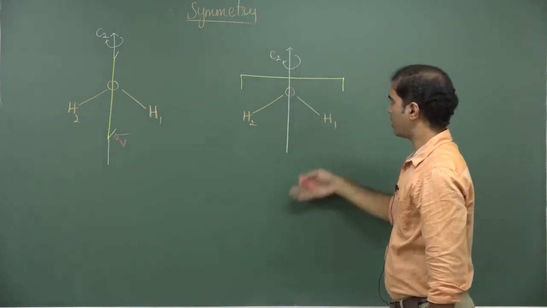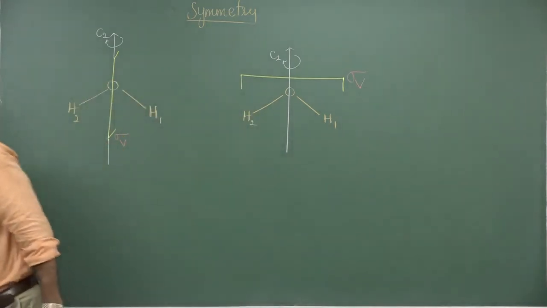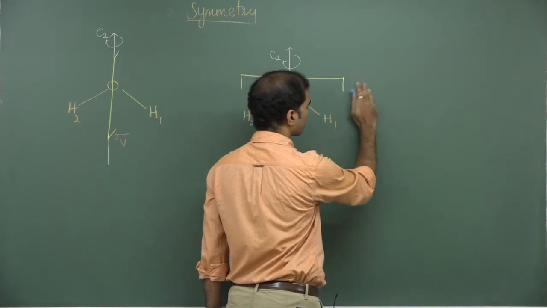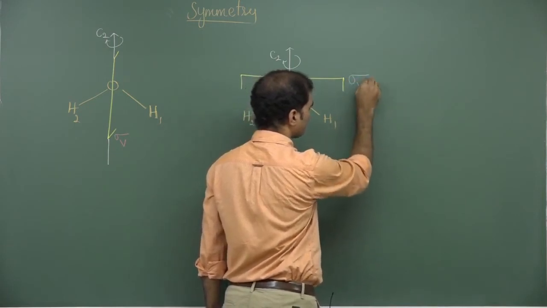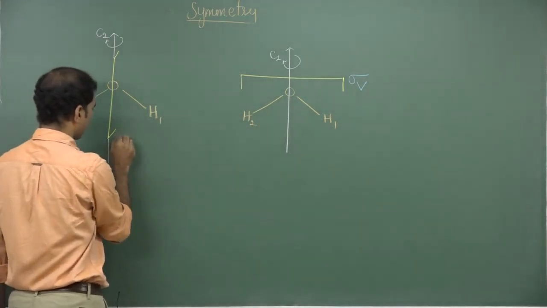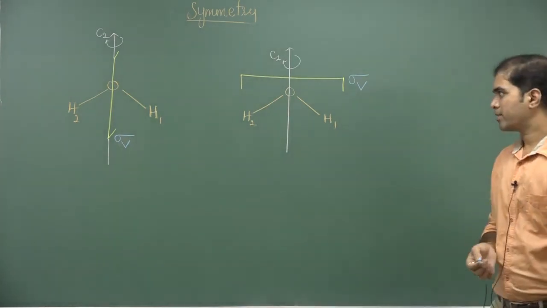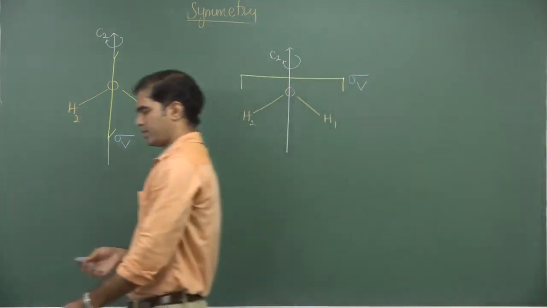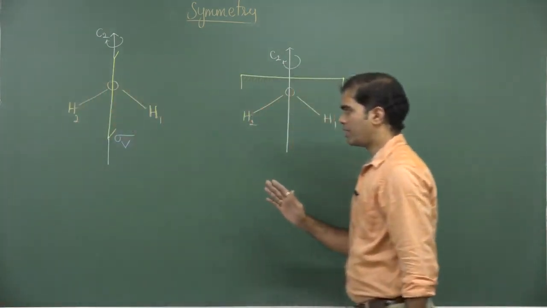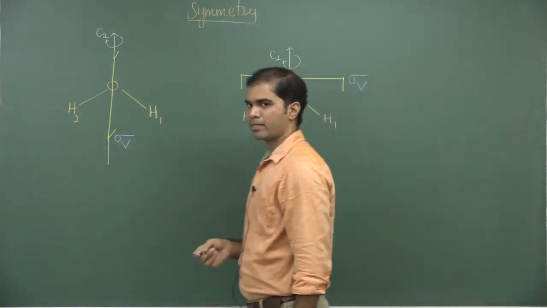This is also parallel, so make it a sigma V. That is a sigma V vertical plane, right? What do we conclude now? In water molecule there are two planes and both the planes are vertical planes. This labeling is with respect to the principal axis.